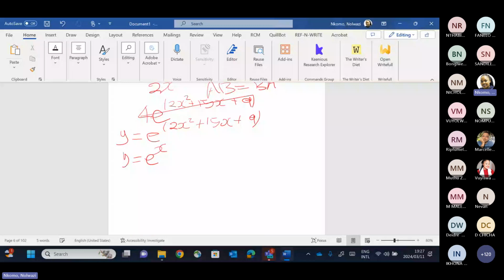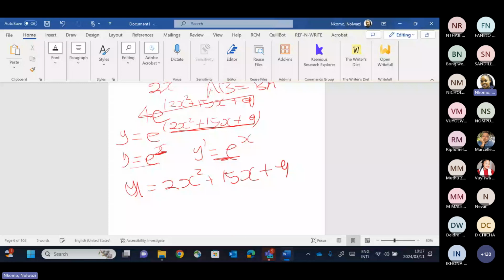But here we have a function instead of one variable. For us to be able to use this rule, we can just let this function be one variable. So that's why we have to introduce u, and have u equal to 2x squared plus 15x plus 9, right?